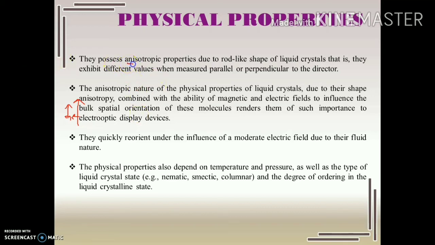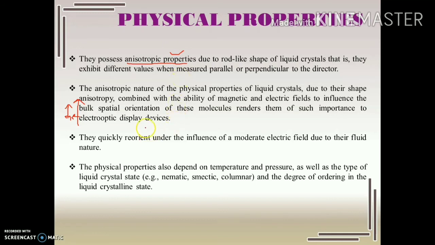This is the description of anisotropic properties, and these anisotropic properties of the liquid crystal are actually imparted due to their rod-like shape. So the rod-like shape of the liquid crystal is responsible for the anisotropic properties of the liquid crystals.